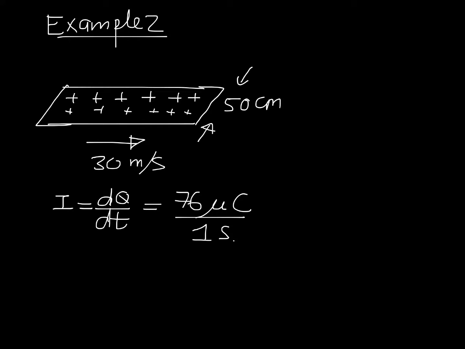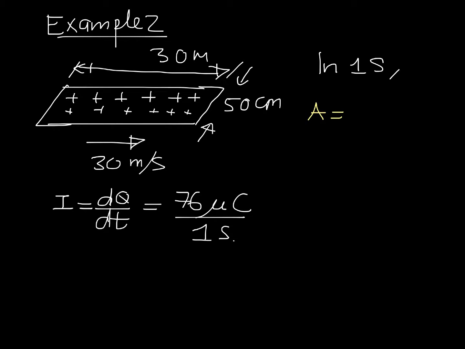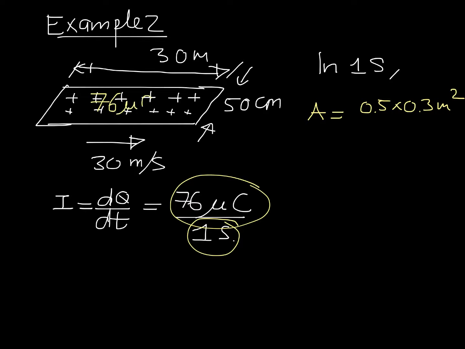Suppose that in 1 second, this belt has moved through the distance of 30 meter. So we know that the area A is 0.5 times 0.3 meter square, and the charge on this belt in 1 second is 76 microcoulomb.